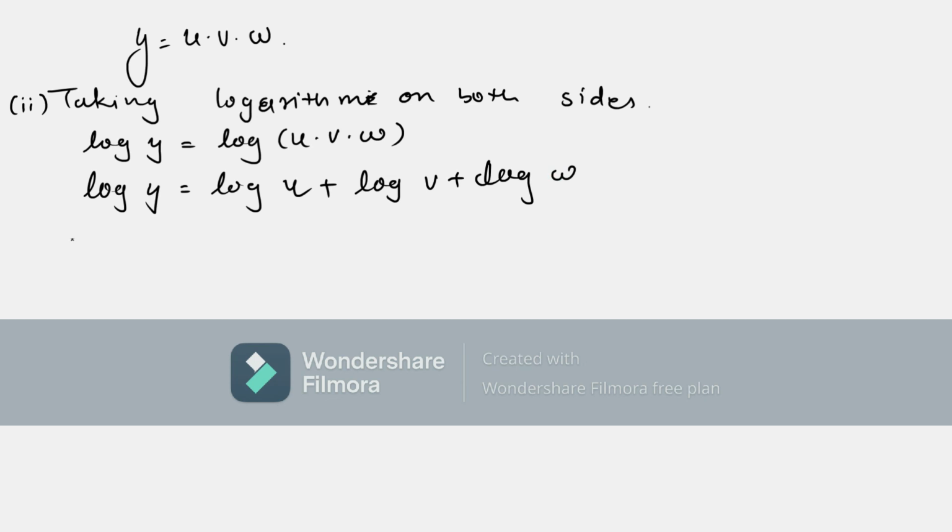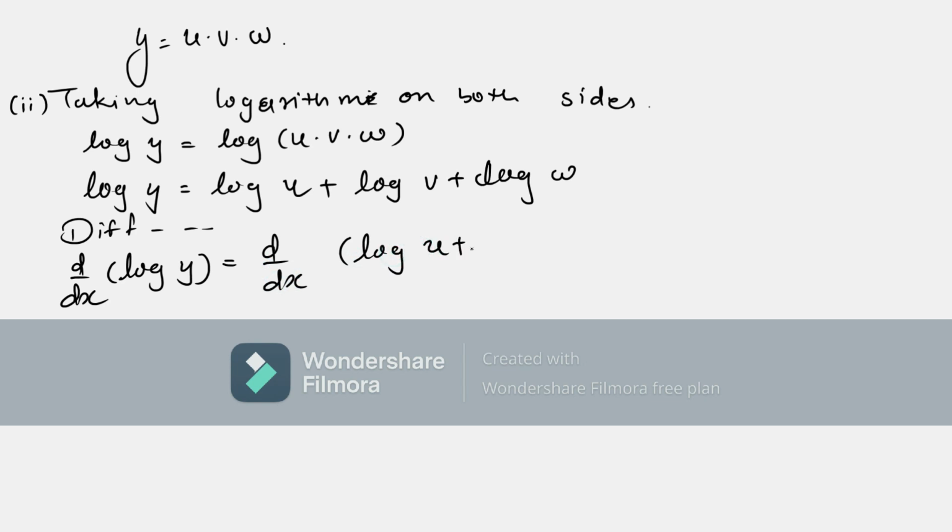Now we differentiate both sides with respect to x. It is d by dx of log y equal to d by dx of log u plus log v plus log w. The left hand side, d by dx of log y, gives 1 by y, and since the chain rule must be applied, dy by dx.